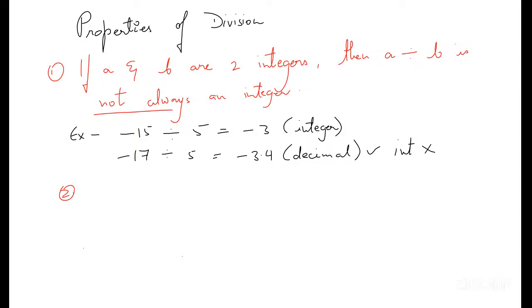Okay, this is the last one. When we divide 0 by an integer, the answer will be 0. But when we divide an integer by 0, then it is not defined because 0 doesn't hold a value, and we cannot divide any number by 0.